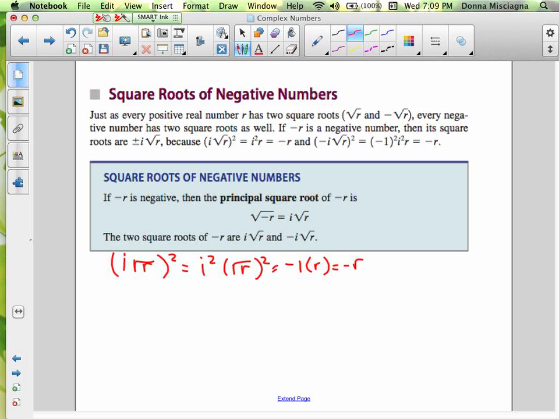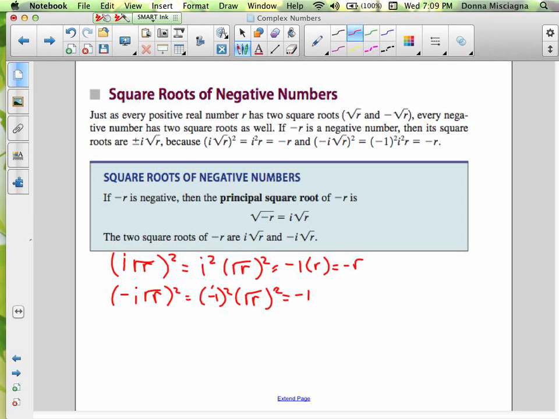That's a mouthful. And if I take negative i square root of r and square it, we'll have negative i squared times the square root of r squared. Negative i squared is still going to be negative 1, because i squared is negative 1.